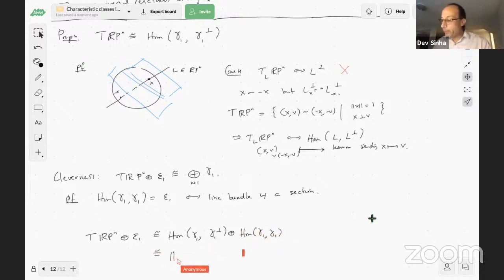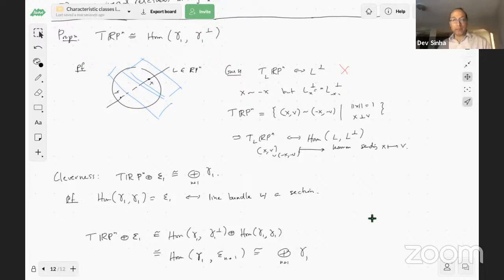Linear algebra says this is the same as Hom from gamma 1 to epsilon n, n plus 1, because direct sum of Homs is Hom into the direct sum, and the direct sum of gamma 1 perp and gamma 1 is epsilon n plus 1. But then that's a direct sum of n plus 1 copies of gamma 1, because a metric on a bundle gives an isomorphism of the bundle with its linear dual.